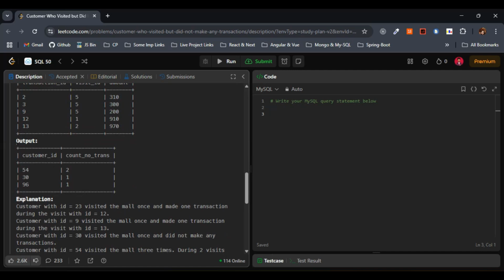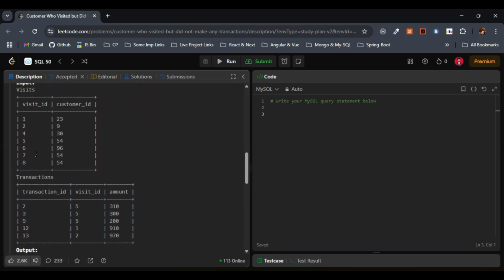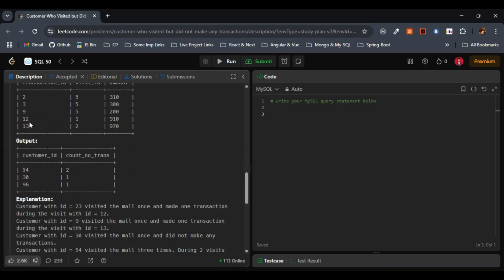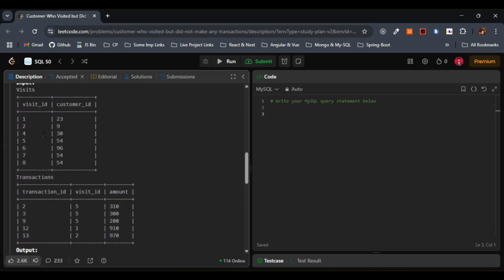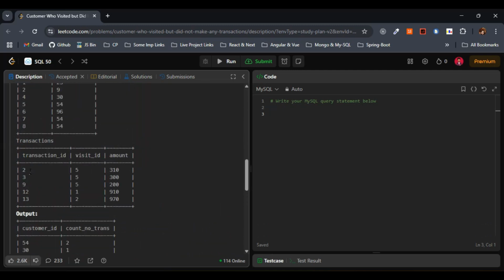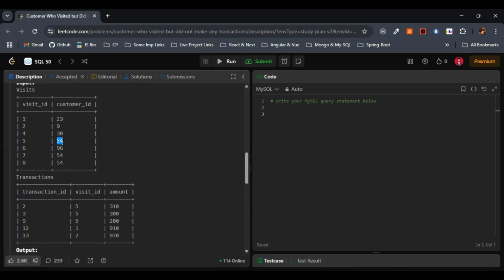The final output is customer ID and count of no transactions. These are the customers who visited but didn't make any transaction. Here we can clearly see customer IDs 54, 30 and 96.